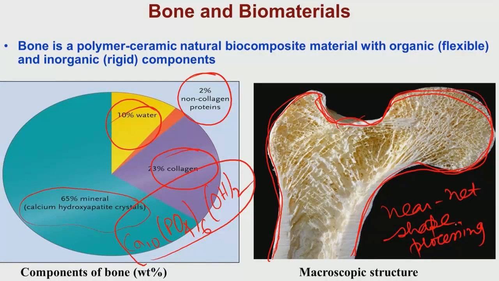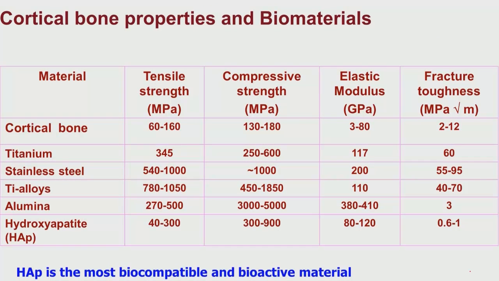I thought it was important for you to realize that bone has a very irregular structure. Therefore, if a material is to replace the bone, it also has to be processed or manufactured into that specific shape and size.